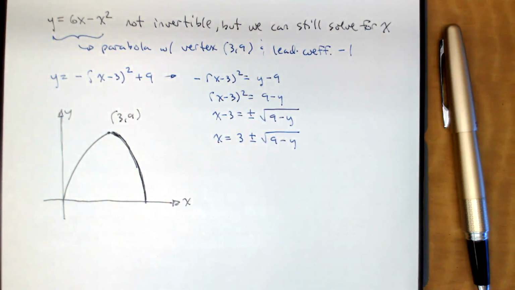It's that 3 in the middle. Then we have plus on one side and minus on the other side. That's using the symmetry of the parabola.